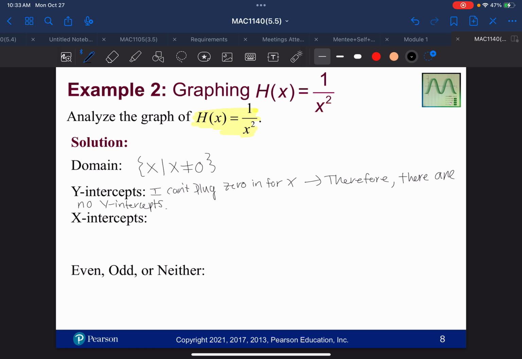To find the x-intercepts, I set the entire function equal to 0. So 1 over x squared is equal to 0. To try and solve this, I would have to multiply both sides by x squared to cancel my fractions. But this will give me 1 is equal to 0, which is false. So therefore, there's no solution, so no x-intercepts.